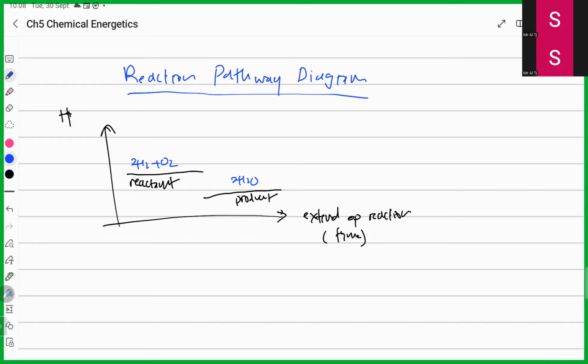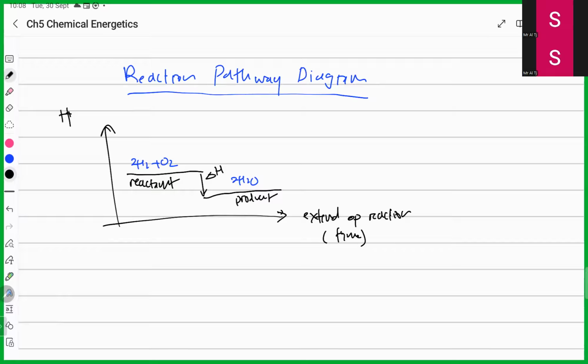Okay. We are going to connect them. The connection is often a vertical, or if not vertical, a little bit slanted arrow. This arrow represents the change of enthalpy. So this is the enthalpy change.